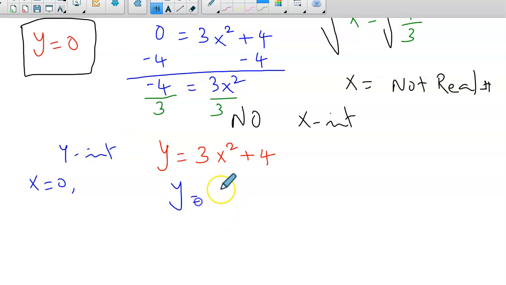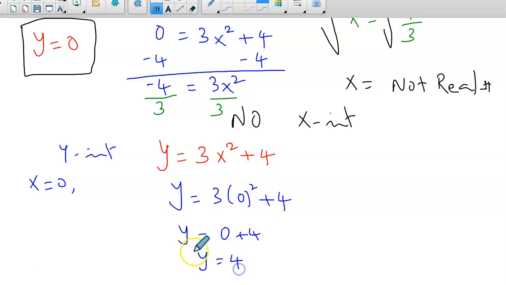So y is equal to 3 times 0 squared plus 4. 0 squared is 0, 0 times 3 is 0, plus 4. That is y is equal to 4. So x is equal to 0, y is equal to 4. (0, 4) is your y-intercept.